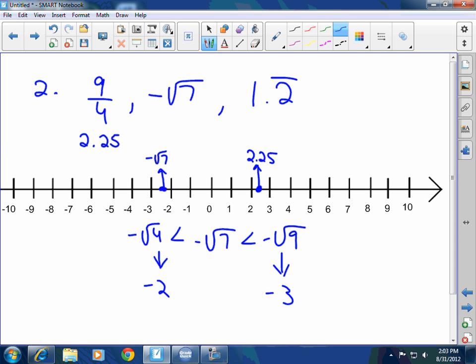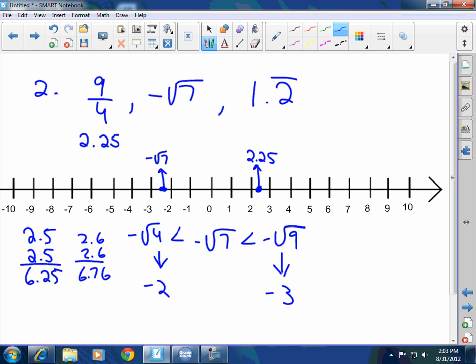2.5 times 2.5, that's an easy one. That's going to be 6.25. So let's see if we can do better with 2.6. 2.6 times 2.6 is 6.76.